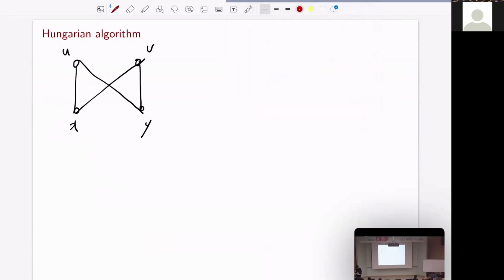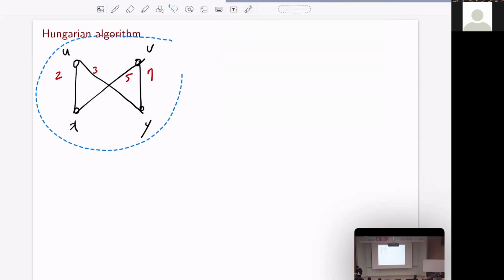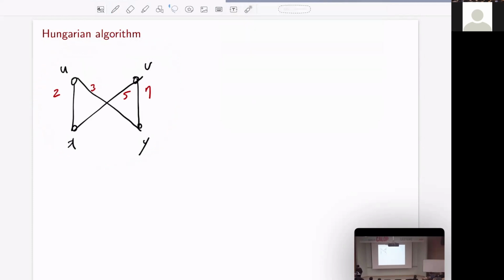The edge weights are given by 2, 7, and 3, 5. Okay. So we know a perfect matching, the maximum weight perfect matching: we just pick ux and vy. Now I'm going to explain the Hungarian algorithm that computes the desired perfect matching for us.